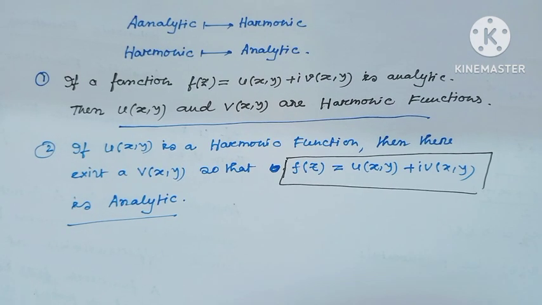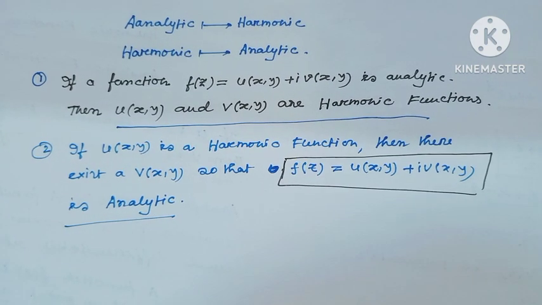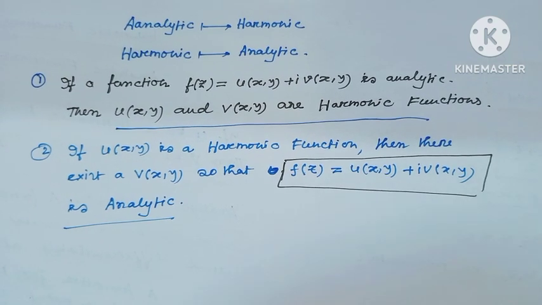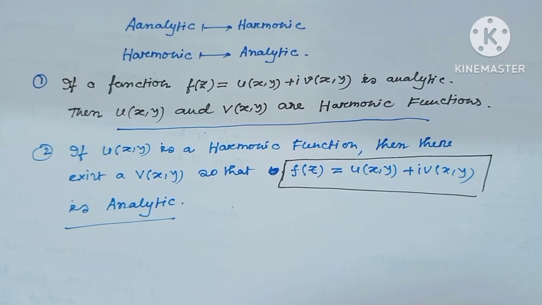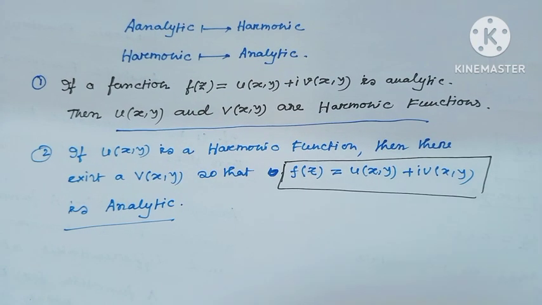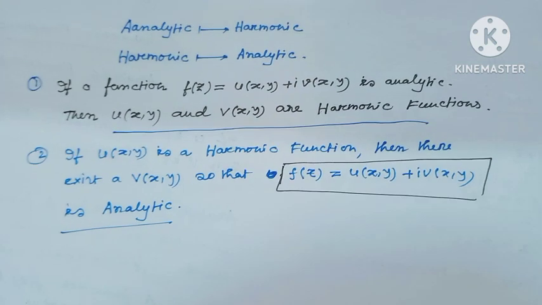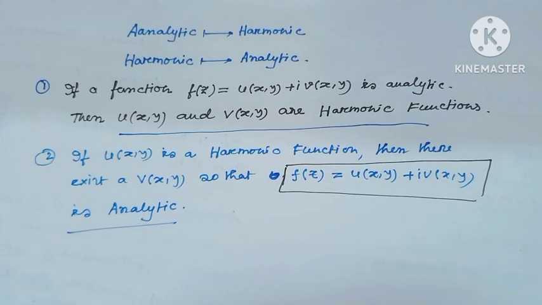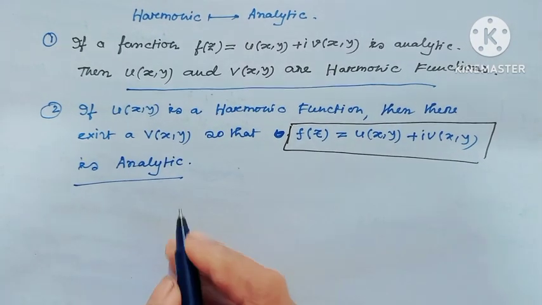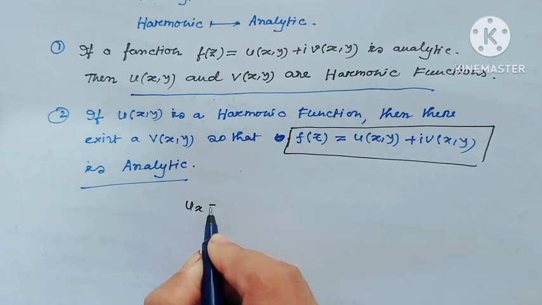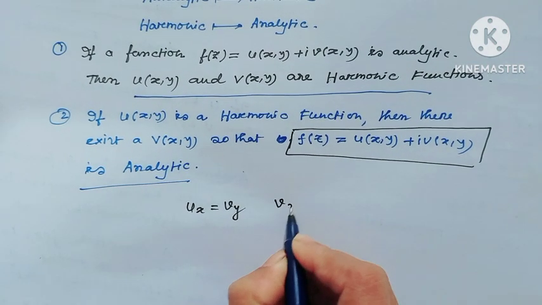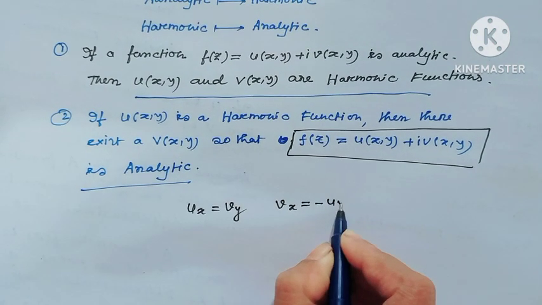For the first condition, analytic implies harmonic: if a function is analytic at a point, it is differentiable on an open ball. Since it is differentiable, it satisfies the CR equations, u_x = v_y and v_x = -u_y.